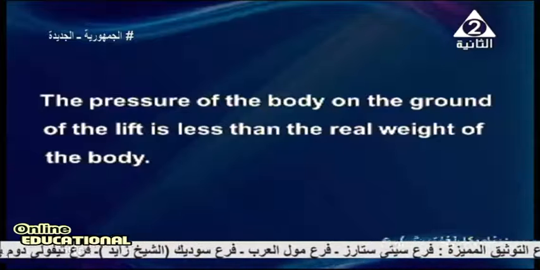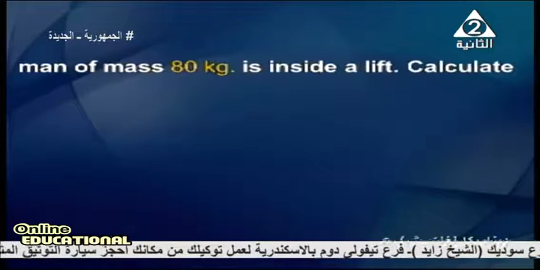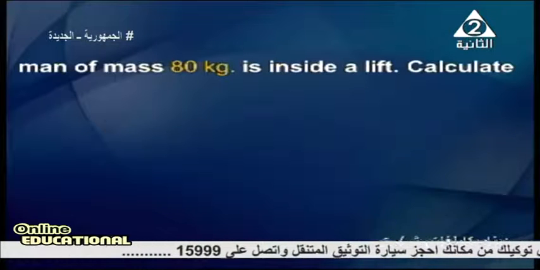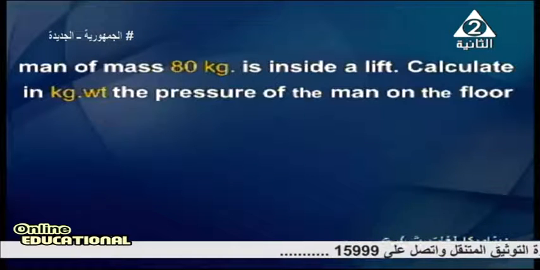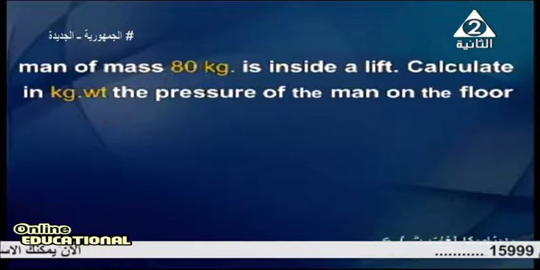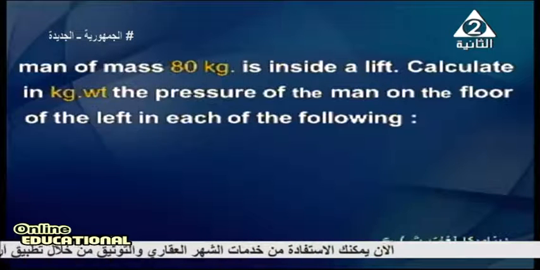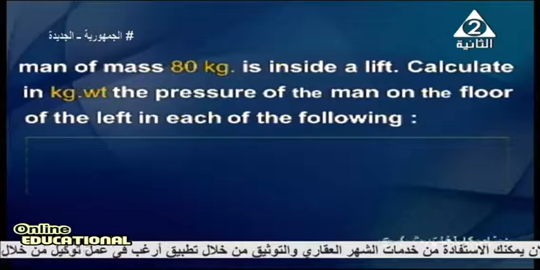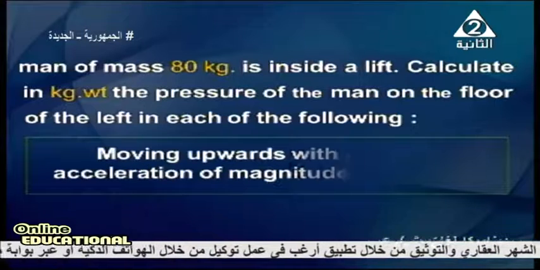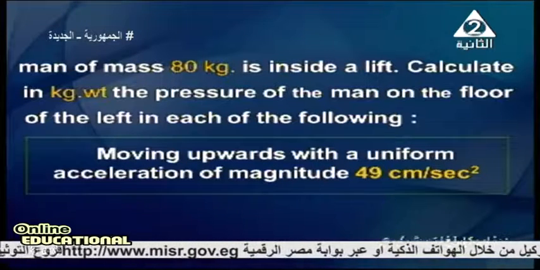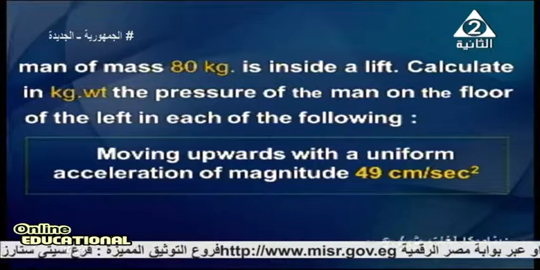Now let's start with the first example. A man of mass 80 kg is inside a lift. Calculate in kilogram weight the pressure of the man on the floor of the lift in each of the following cases. Number 1, moving upwards with uniform acceleration of magnitude 49 cm per second squared.